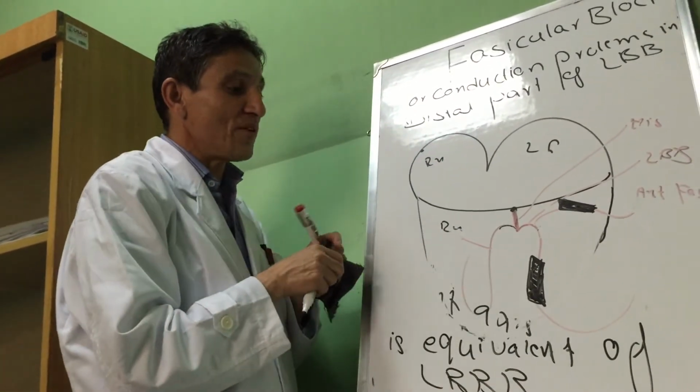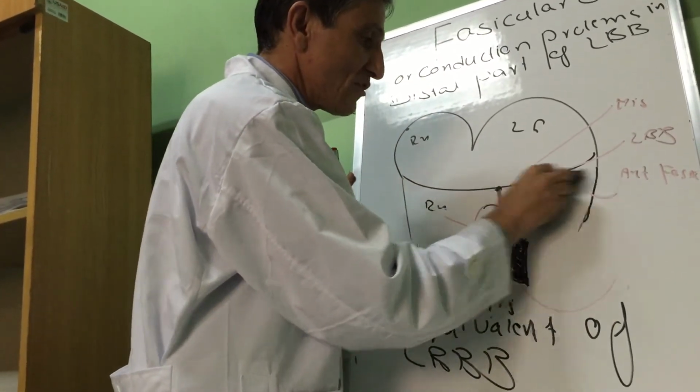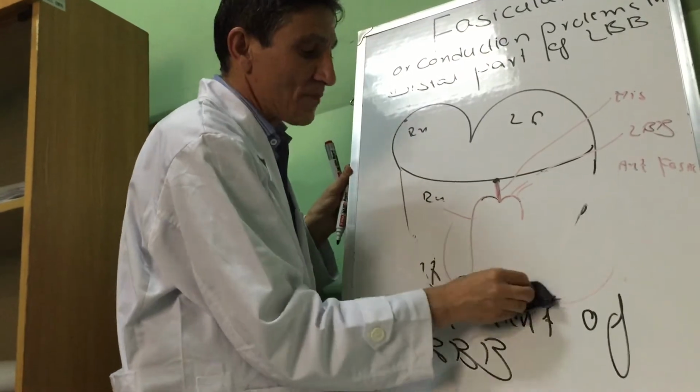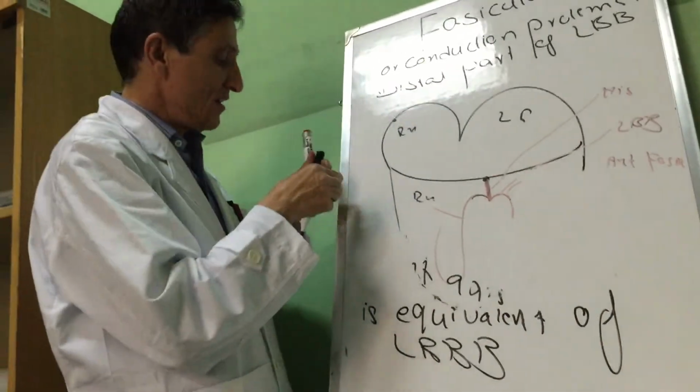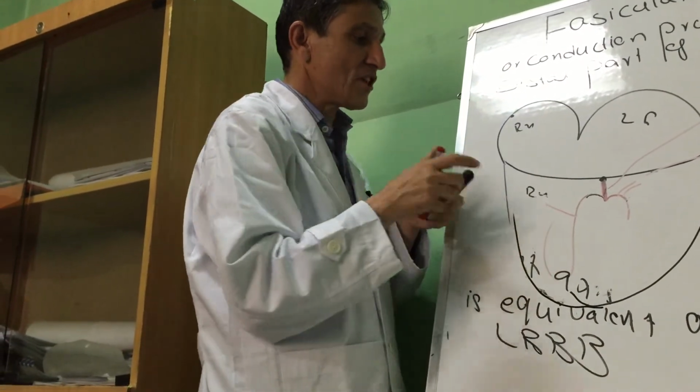After these two types, the anterior fascicular block and posterior fascicular block, we are coming to the next type of block.